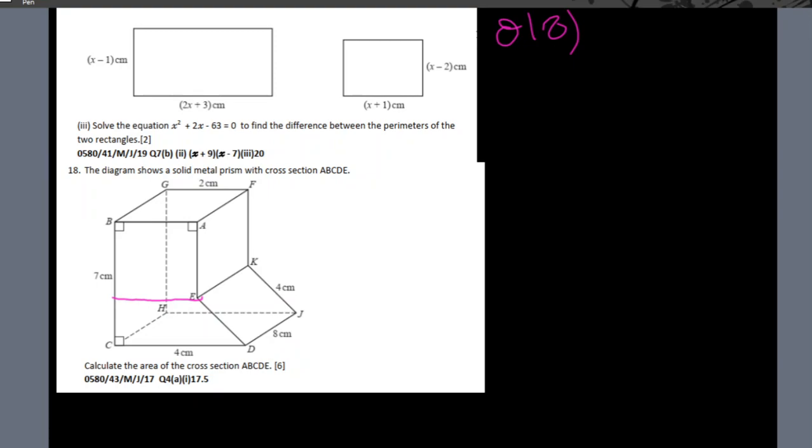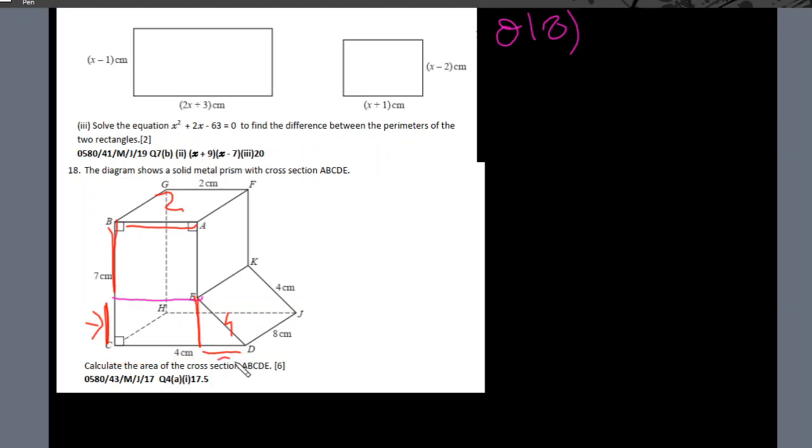Alright, so first I do have this length. This is 2, but I don't have this length, and also I don't have this length, but this lower length can be found by finding this length. So this is 4, and this would be 4 minus 2, which would be 2.